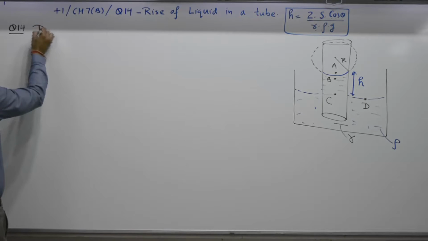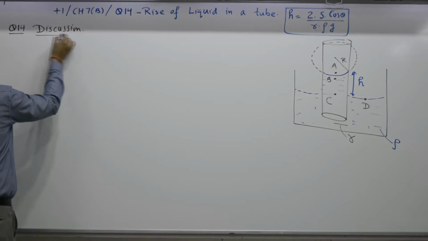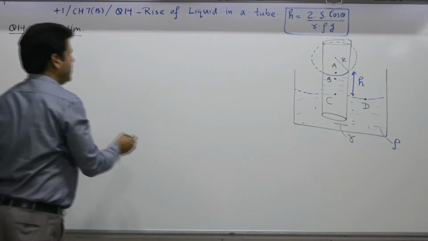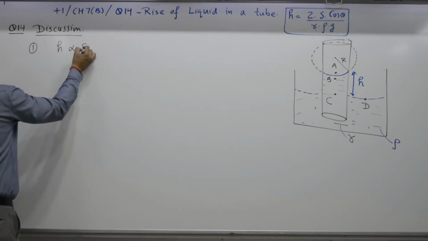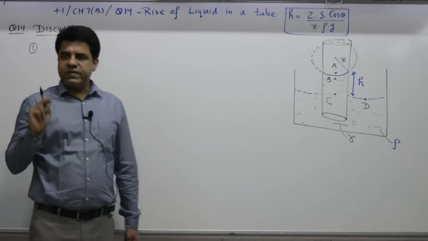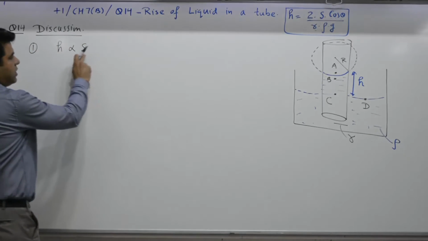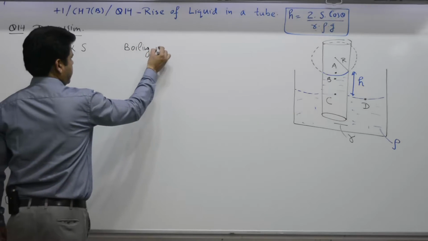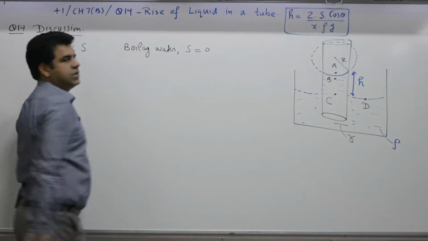Last part of this question, discussion for this formula. First point: h is proportional to S. That is, if surface tension is more, height is also more. For boiling water, S is 0.